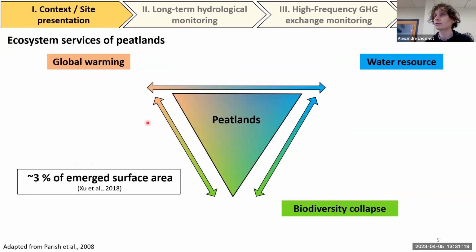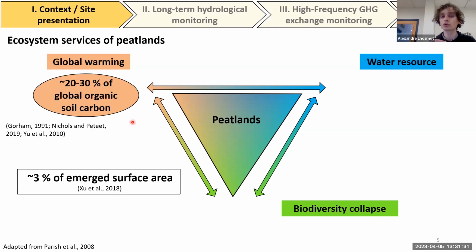Due to this functioning, peatlands provide huge ecosystem services at the global scale, despite covering only 3% of emerged surface area. From a carbon perspective, due to accumulation of organic matter over time, peatlands store about one third of the global organic soil carbon pool.